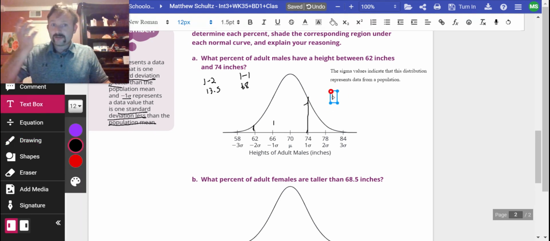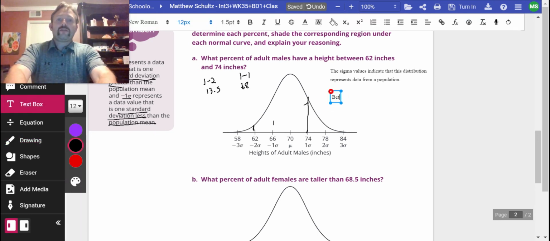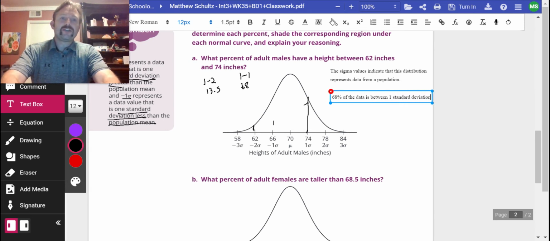All right. So let's just say 68% of the data is between 1 standard deviation above the mean and 1 standard deviation below the mean.